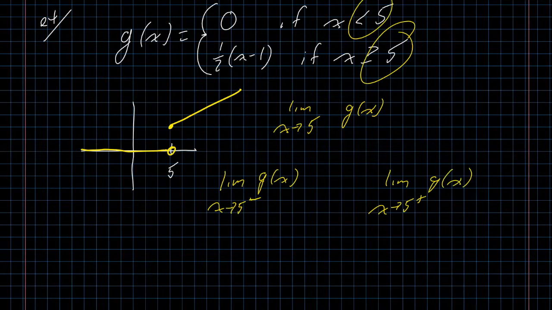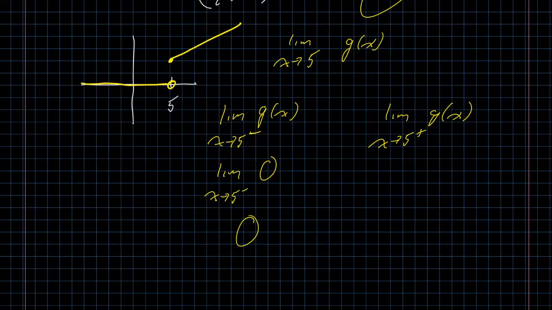of g of x. And whenever we are looking to the left of x equals 5, we are looking at the branch that says 0. And the limit of 0 is just definitely always going to be 0. Whenever we're looking to the right, we are looking at the branch that says 1/2 of x minus 1.